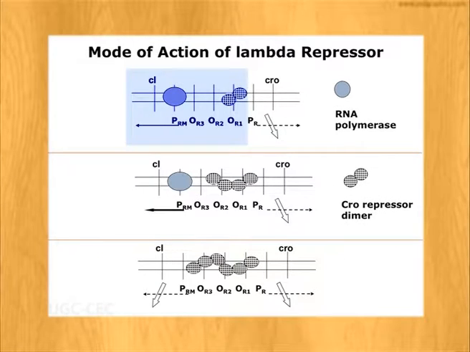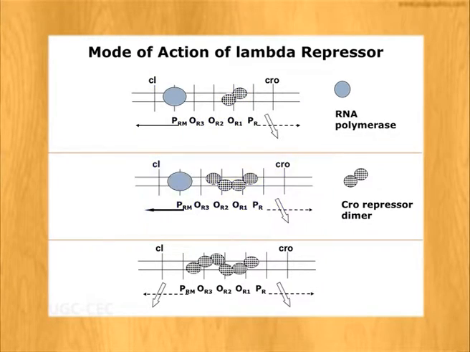And when lambda repressor is present more, it will bind to OR1 first, preventing transcription from PR, but it will allow transcription from PRM. PRM is always active, but transcription goes on at a very basal level from PRM.